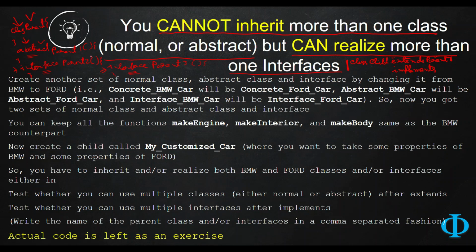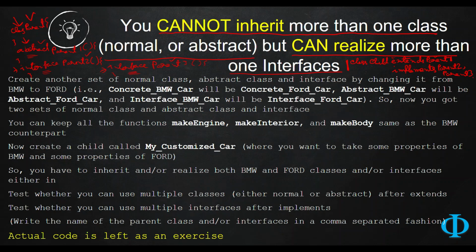For example, I have parent 2 and parent 3 as interfaces, so you can write something like this: parent 2, comma, parent 3, and continue this way. You can have as many interfaces as you want after this implements keyword. So just try this entire exercise to understand this clearly.